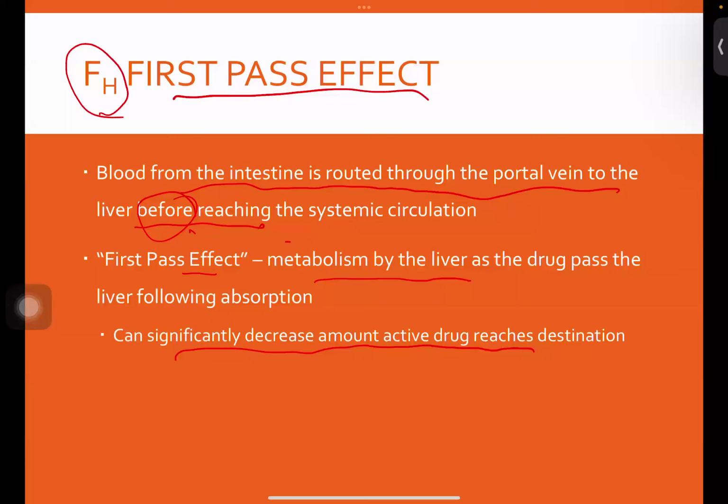What is it orally? 200, something, right? So what do you think is going on there? That first pass effect is eliminating the drug as it goes through the liver. So you have to give a lot more of it orally to get the same percentage to make it through to the systemic circulation to have an equivalent effect.